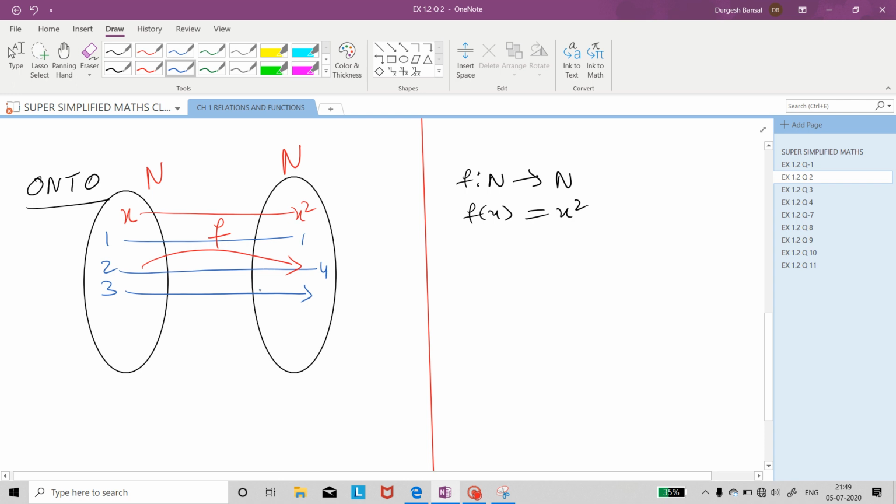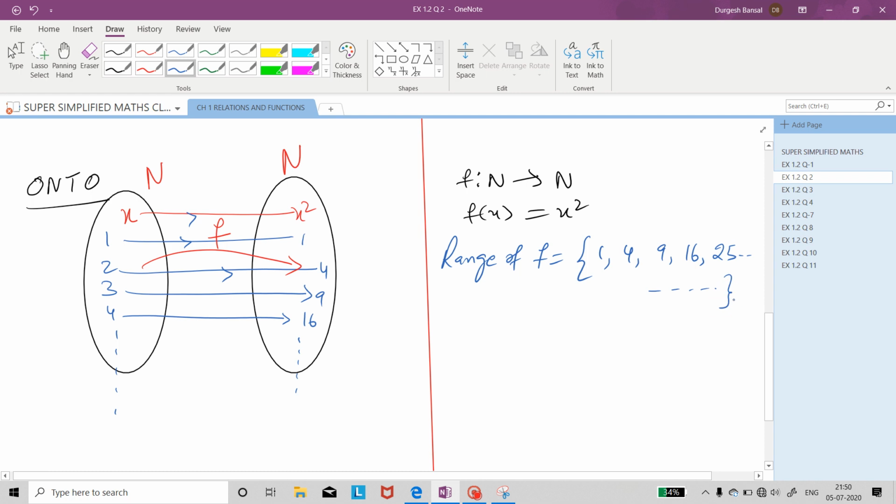Image of 3 is going to be 9. Image of 4 is going to be 16, and so on. So now you have to write what is the range of this function f. Which numbers you are getting in the range? You are getting 1, 4, 9, 16, 25 and so on.